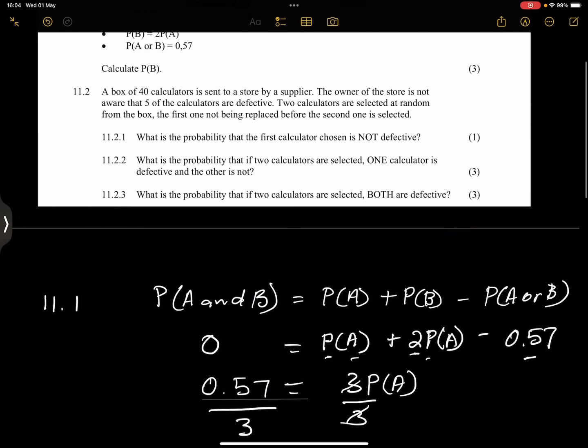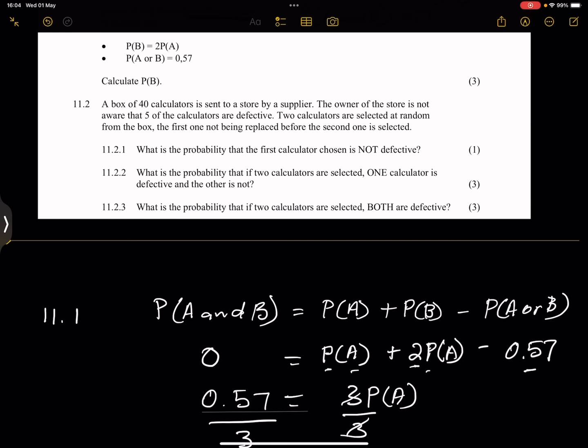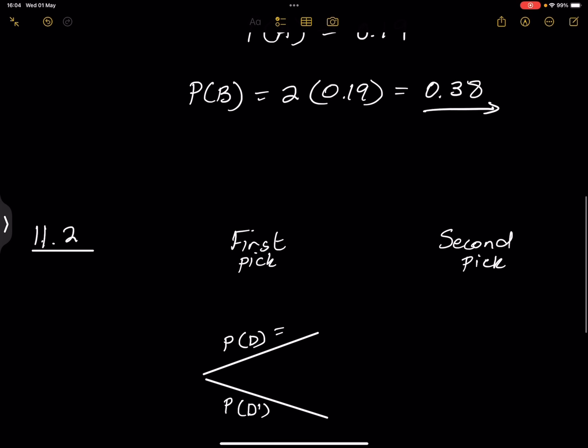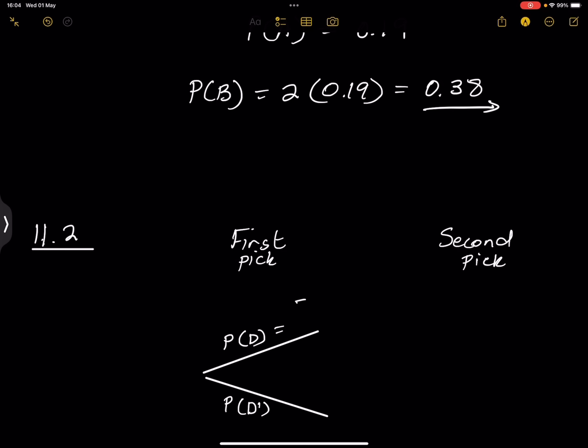In my first pick, they say I've got 40 calculators and 5 are defective. So what is the probability that in my first pick I can pick a calculator that is defective? That would be 5 out of the 40. So that is the probability that I might pick a defective calculator.